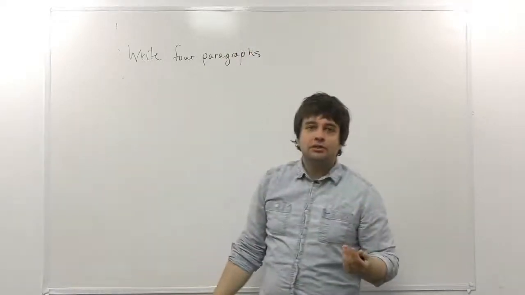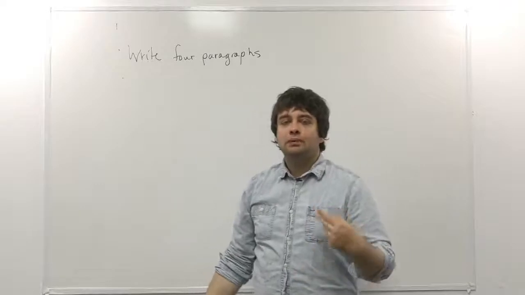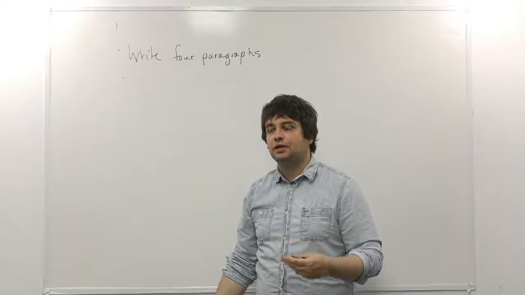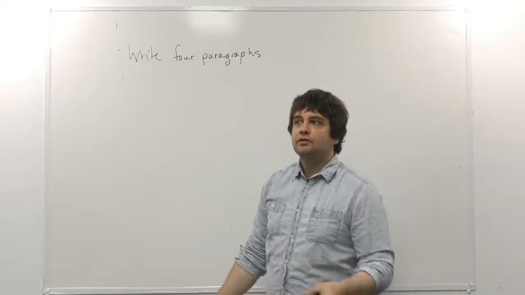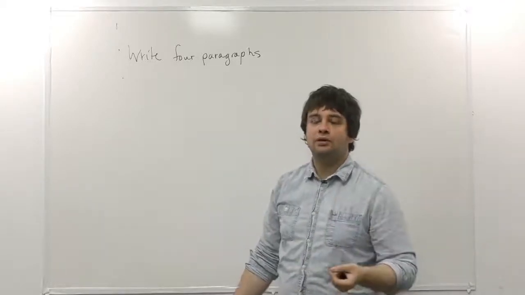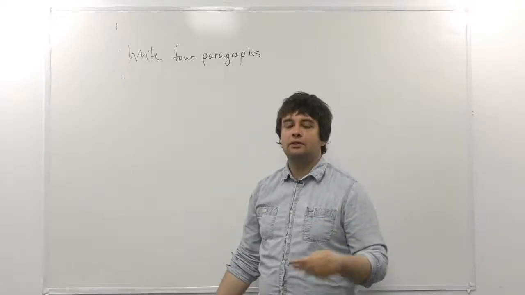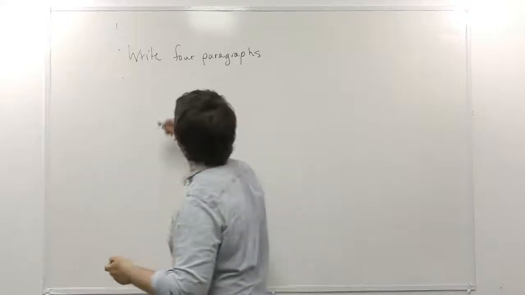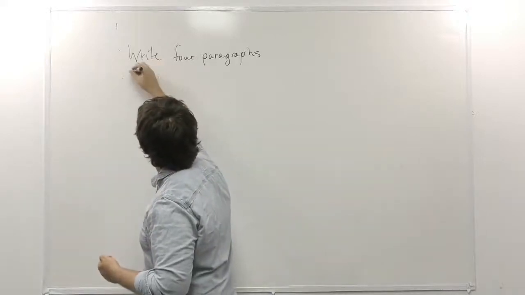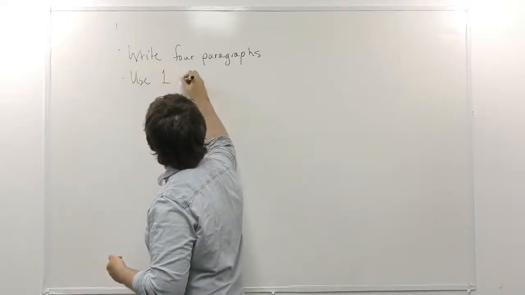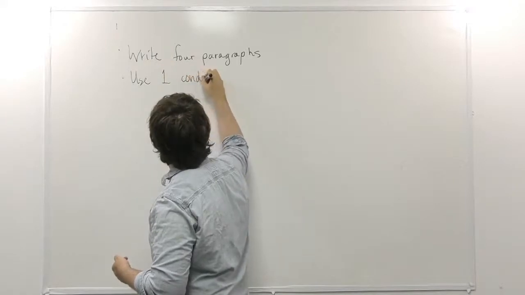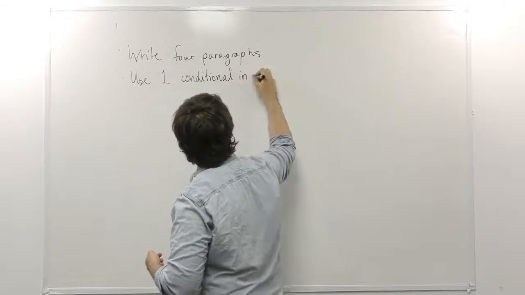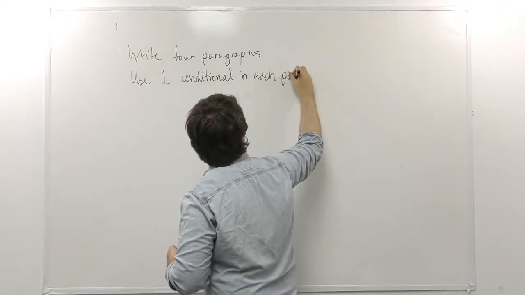I think an easy way to approach this would be each paragraph should include examples of one of the conditionals. So maybe your first paragraph, use the zero conditional. Second paragraph, the first. Third, the second. And the fourth paragraph, use the third conditional. Use one conditional in each paragraph.